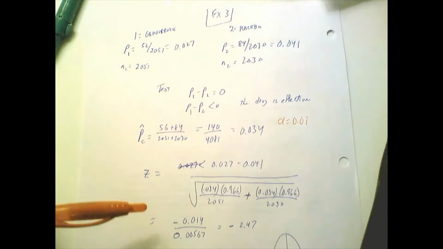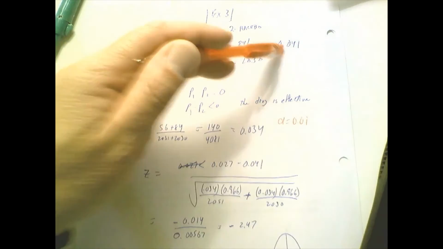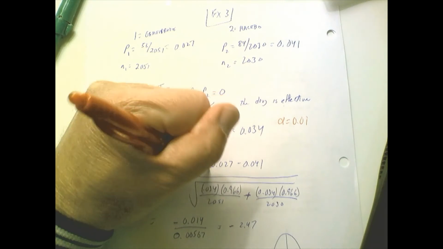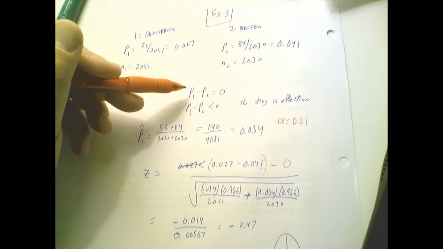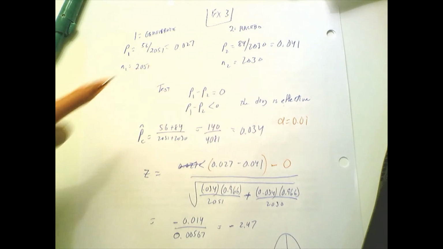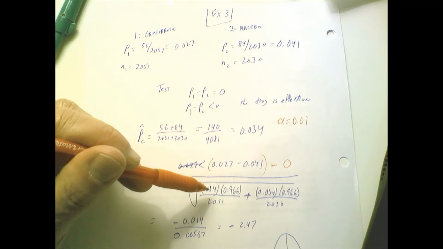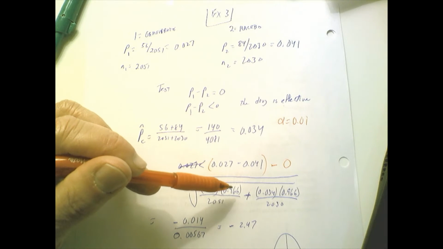My z value now becomes what? Well, p hat sub 1 minus p hat sub 2, 0.027 minus 0.041, minus 0, because we're assuming that in the hypothesis, P1 minus P2 is nothing more than 0. And there comes our good old standard error, by the way. 0.034 times 1 minus 0.034, that would be the 0.966.